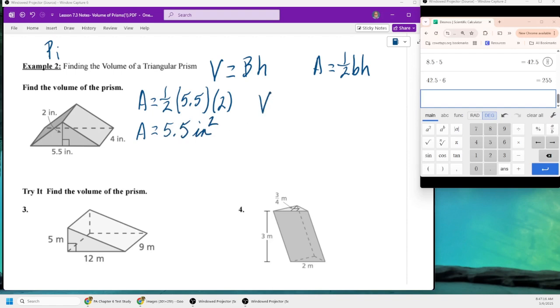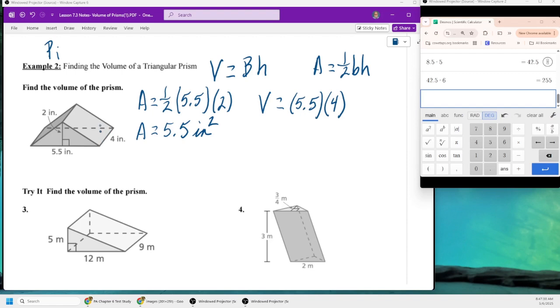So then what's the volume of this? If we were to fill that with some type of liquid or whatever. Correct. Why would I multiply by 4? Yep, you're right. The height between those two faces, the height of the prism.